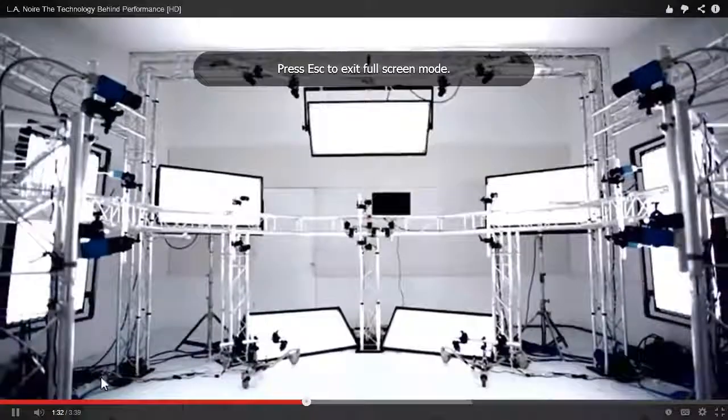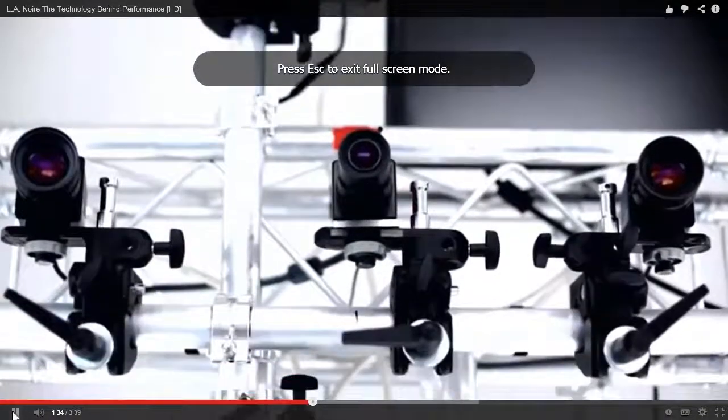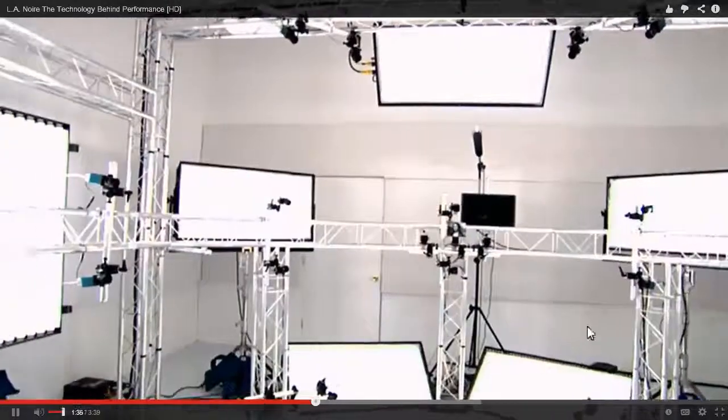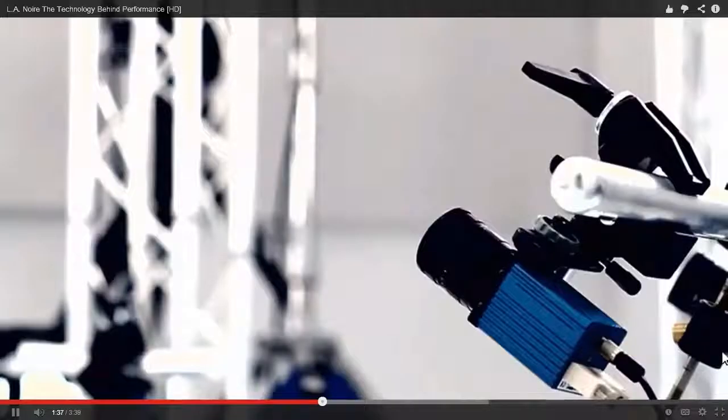very interesting facial motion capture situation where, instead of having a kind of animated face, they had all the actors perform all the facial expressions inside this multi-camera studio.